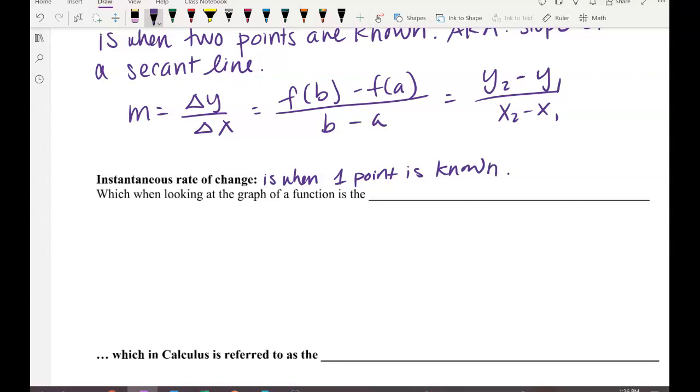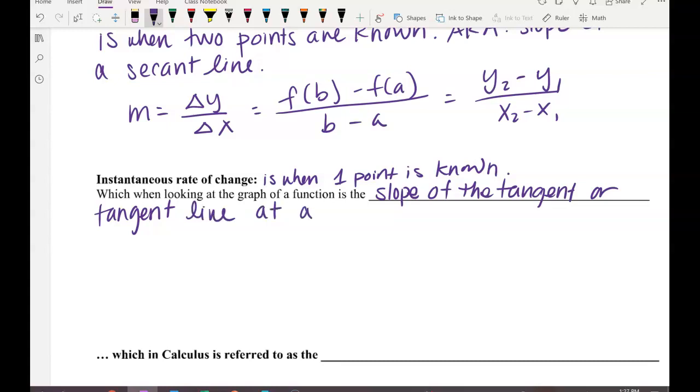Remember, when looking at the graph of the function, it is the slope of the tangent line, because in your book sometimes they say find the tangent, which is the same thing as find the tangent line.